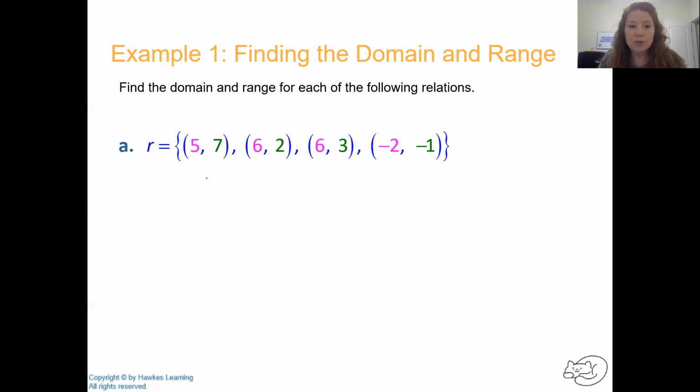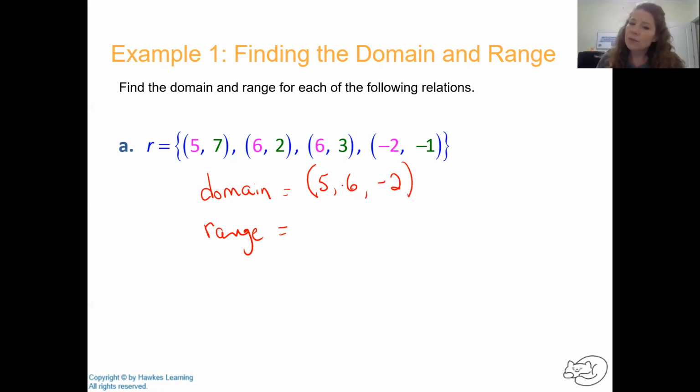All you have to do is list the x values, and for the range you're going to list the y values. So the domain includes 5, 6, and -2, and I don't have to repeat the 6.